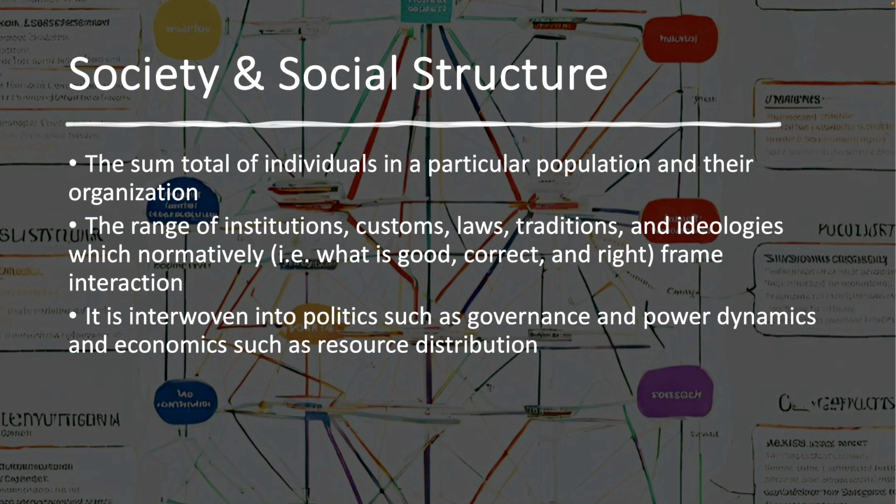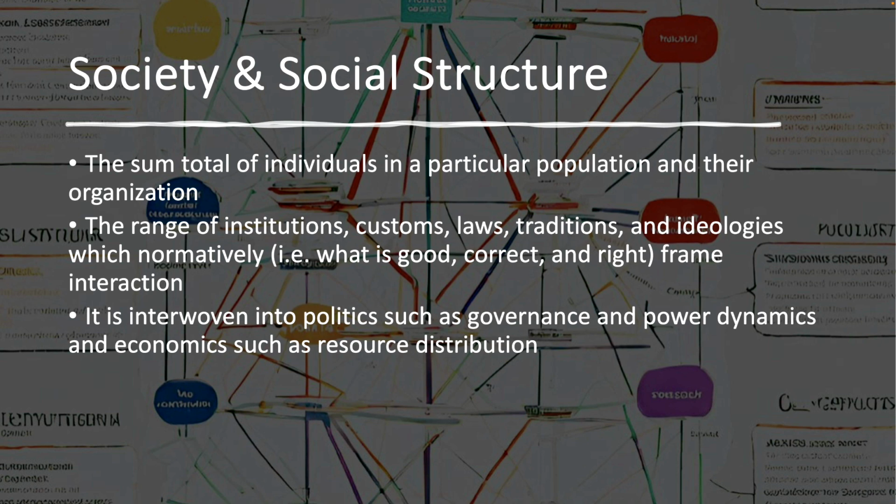To begin, let's think about terms like society and social structure. In a way, we can think about society as the total sum number of individuals of a particular population and their organization.